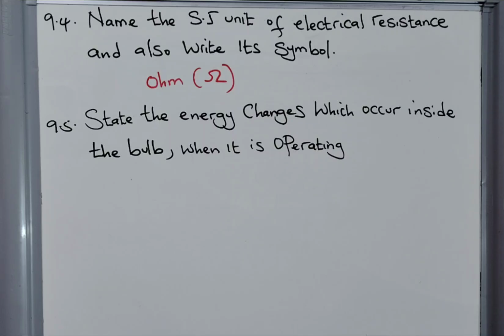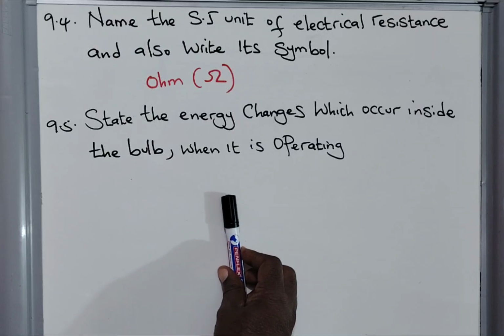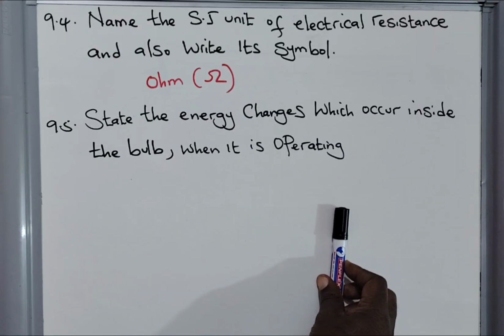The resistance of the filament converts the electrical energy to heat. Then the heat heats up to liberate light. So the changes are from electrical energy to heat, then lastly to light.